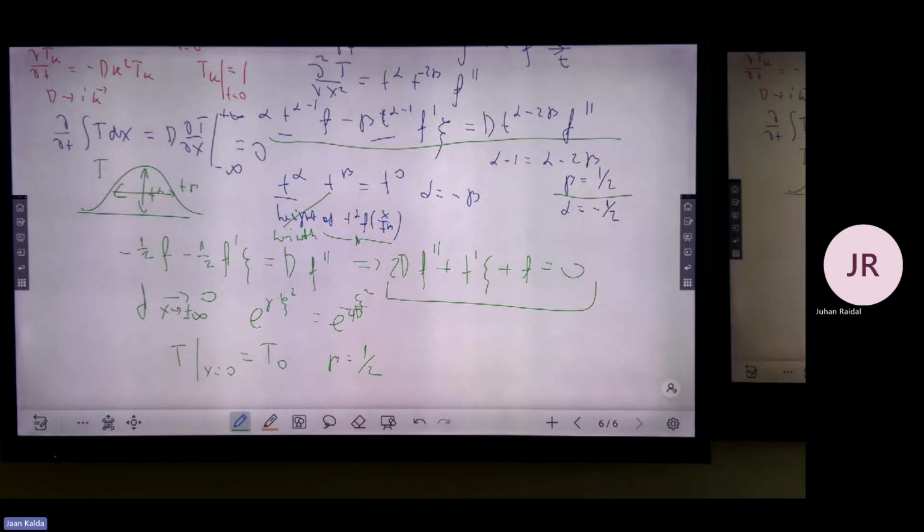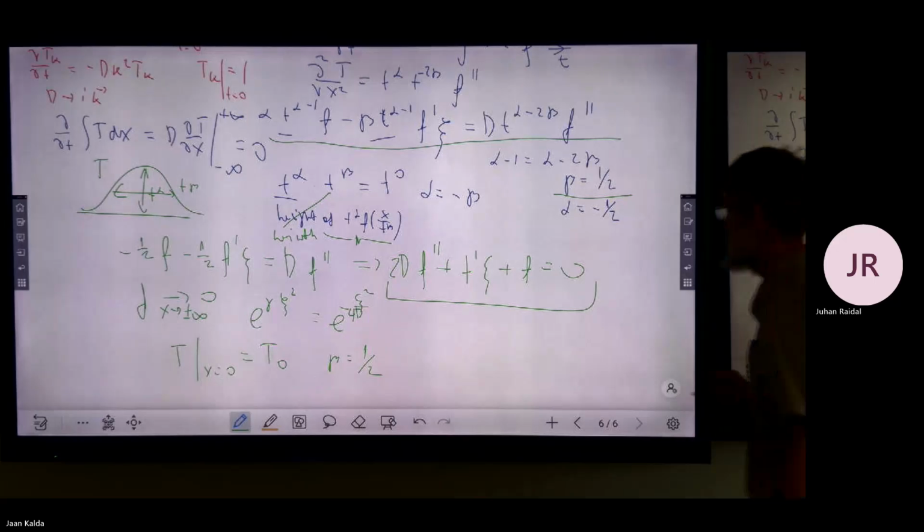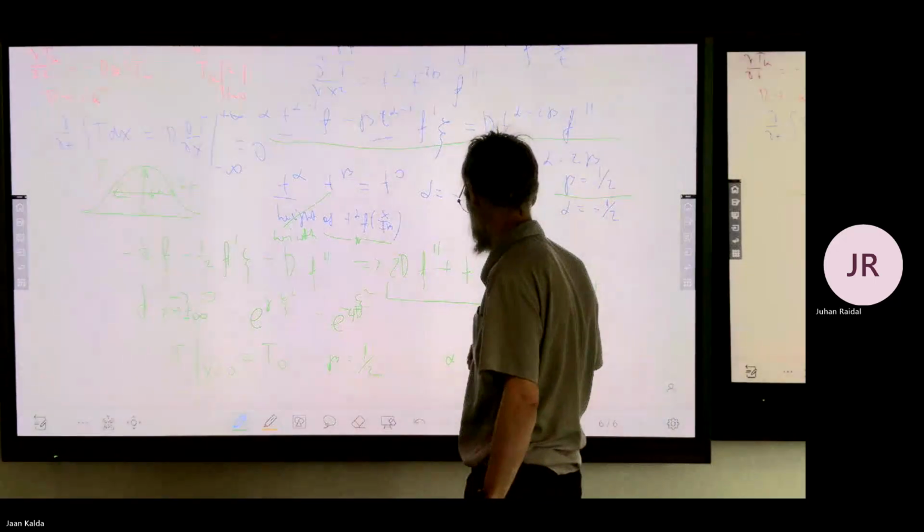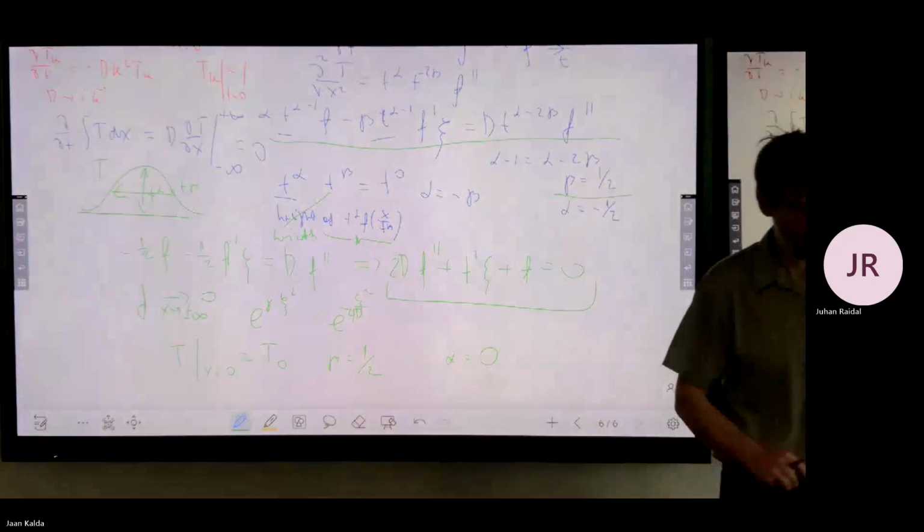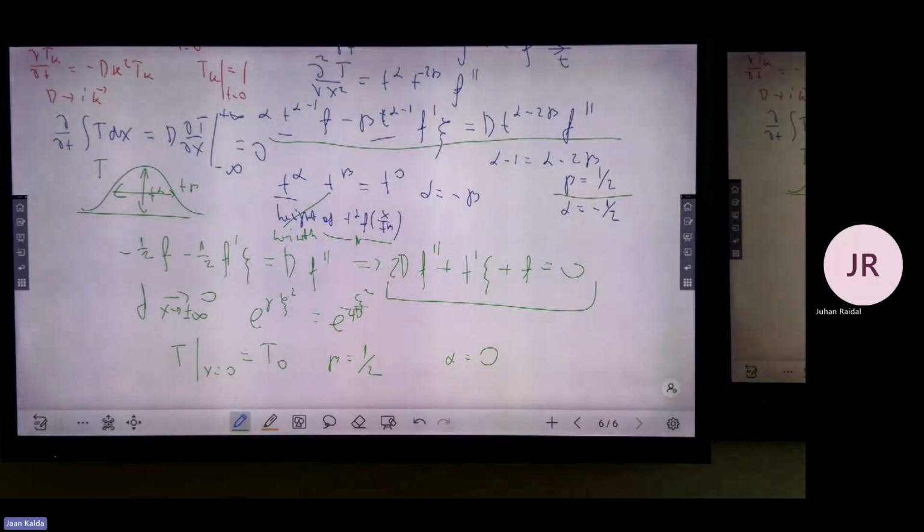Alpha defines how the height will change. And right now we want the height not to change. So alpha is 0. And so now we would like to find what the profile is.